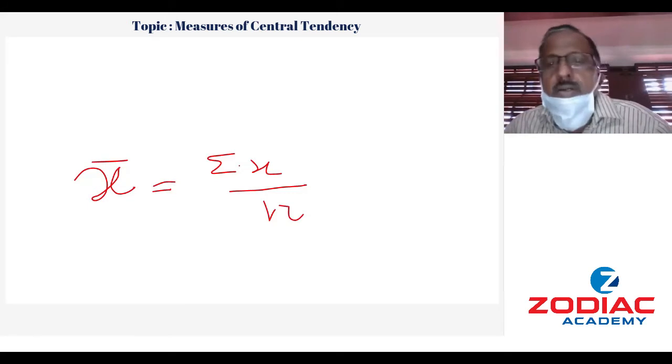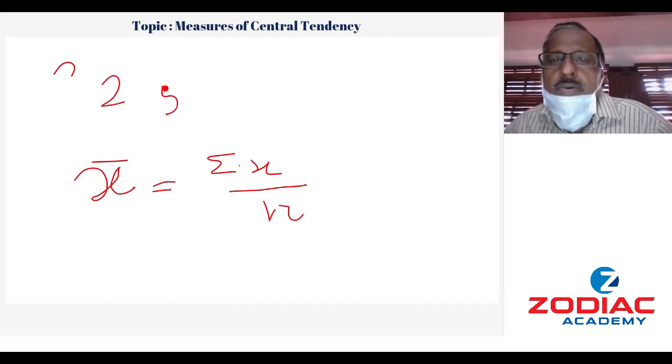For example, calculate the arithmetic mean of the following values. Suppose the values are 2, 5, 7, 6, 9.